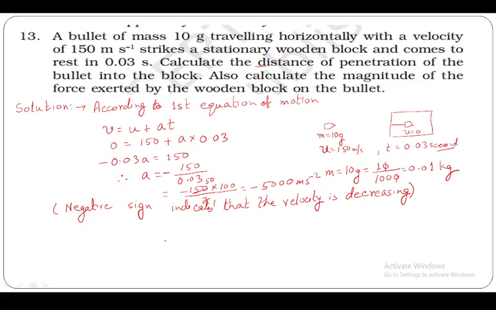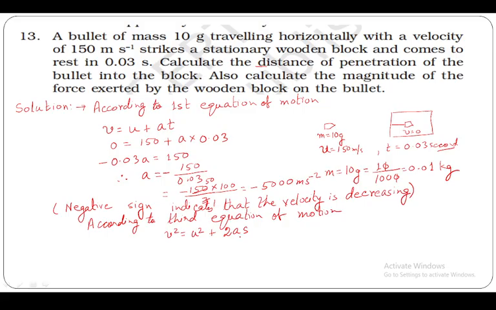The next point is to find the distance of penetration. For the distance, according to the third equation of motion, we know that v square is equal to u square plus 2 a s.